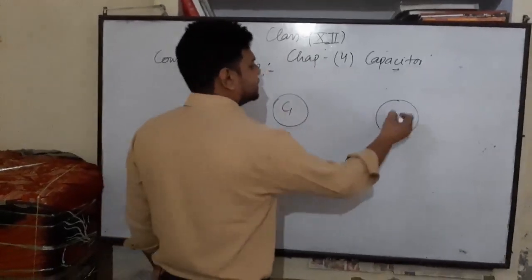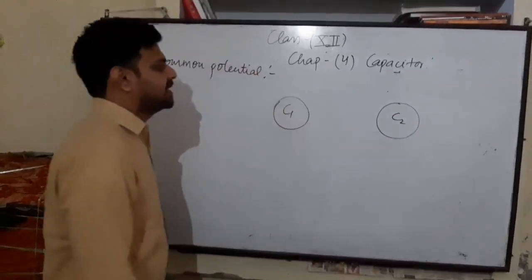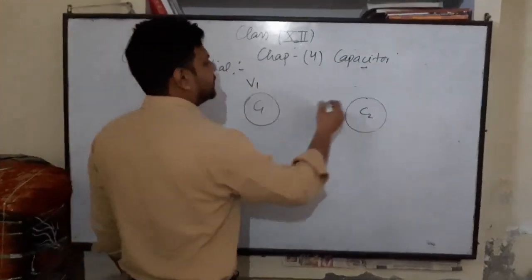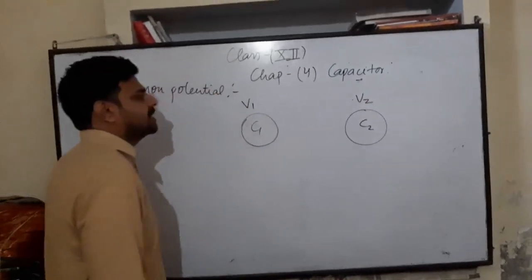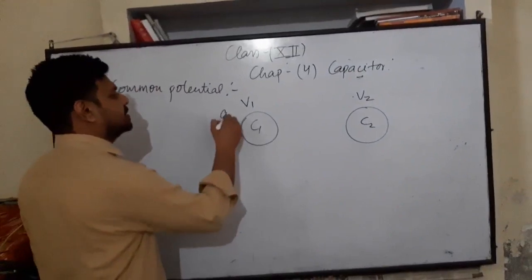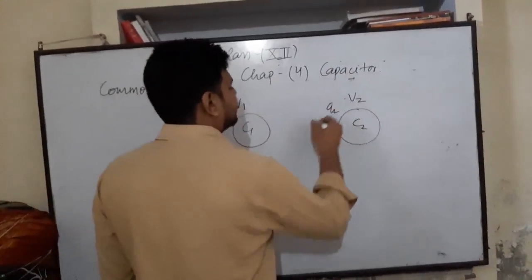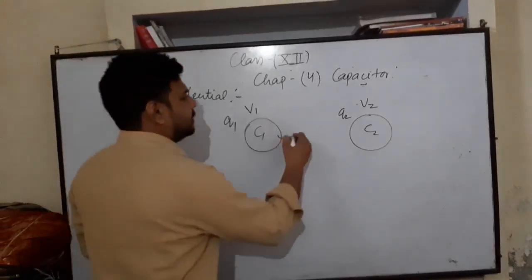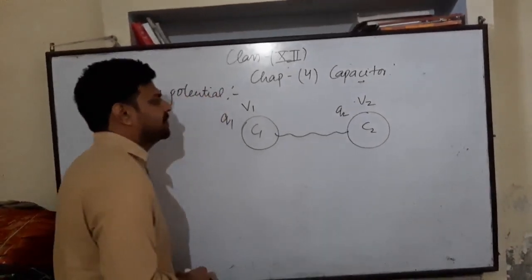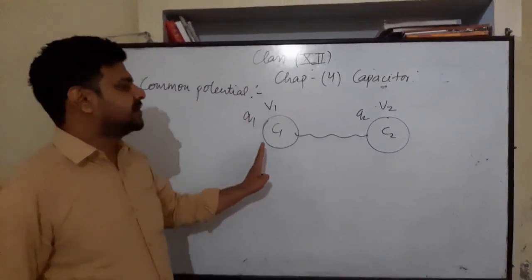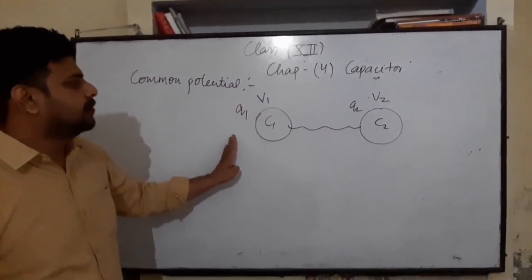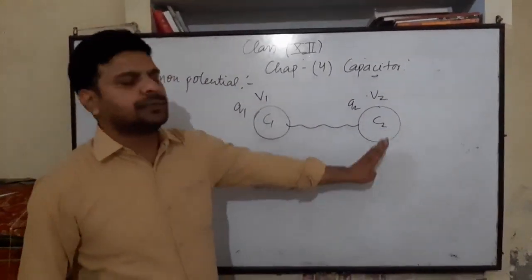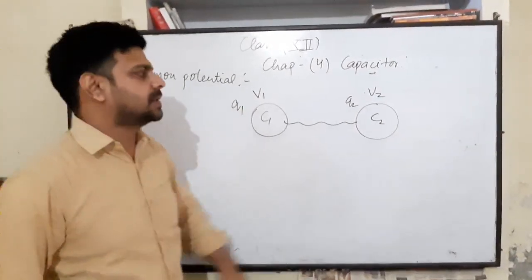of capacitance C1 and C2. They are charged to potential V1 and V2. And the charge stored on each capacitor is Q1 and Q2. So if we connect them by a thin wire, due to potential difference, charge will move from one capacitor to another capacitor.